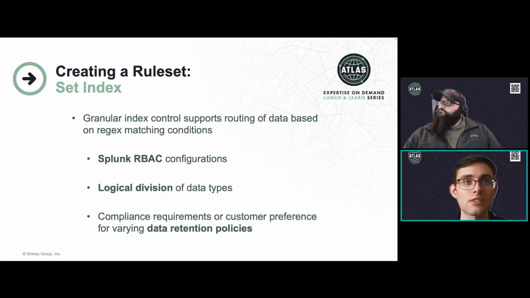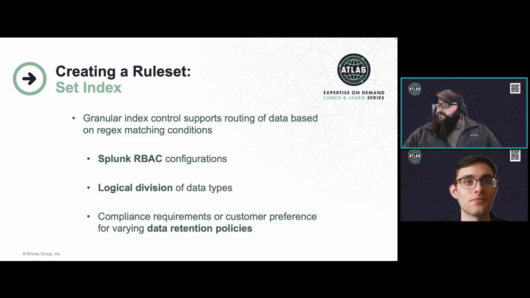And it also lets us have a more custom data retention policy per individual types of logs, which can be driven by our investigation workflows or how we seek to utilize the logs in Splunk. So, Brett, in the Ingest Actions UI, you can show us it's very simple to set an index within a rule set.